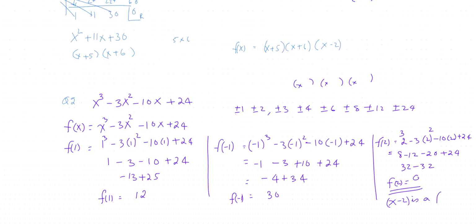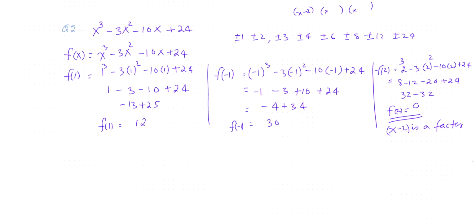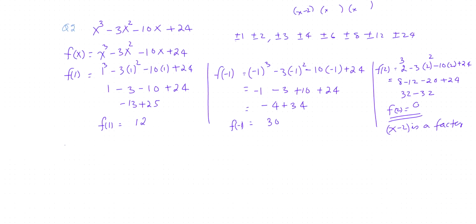So one factor we got is x minus 2. So two more factors we have to find. We do synthetic division now to find the quotient. So exponents are in decreasing order 3, 2, 1, 0. So write the coefficients: 1, -3, -10 and 24.